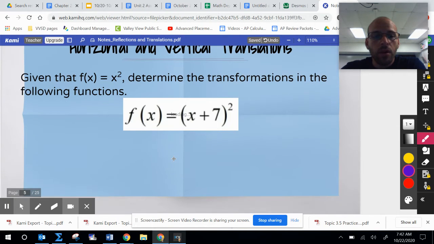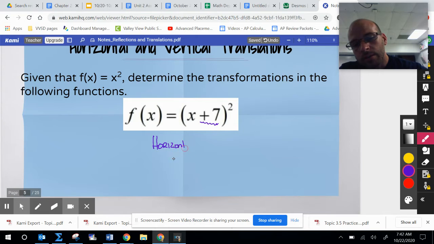So I have an example here. If I have (x + 7) squared, now because the 7 is being added on the inside, we know that's going to be a horizontal translation. And remember, when it's on the inside, we are going to use the opposite.